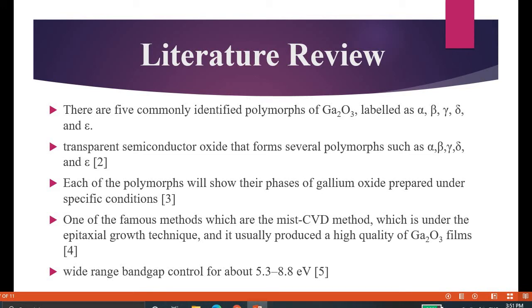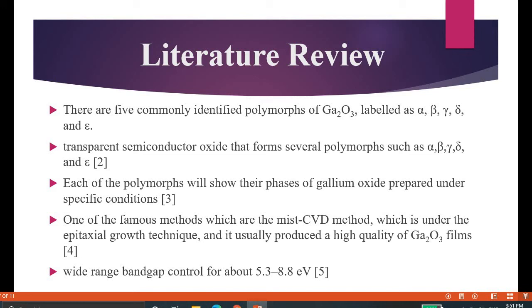Another way to produce alpha gallium oxide is by heating the beta gallium oxide at 65 kilobars at 1100 degrees Celsius. After that, you need to decompose the precipitate of the gallium hydroxide at 500 degrees Celsius, which will eventually produce the alpha gallium oxide.